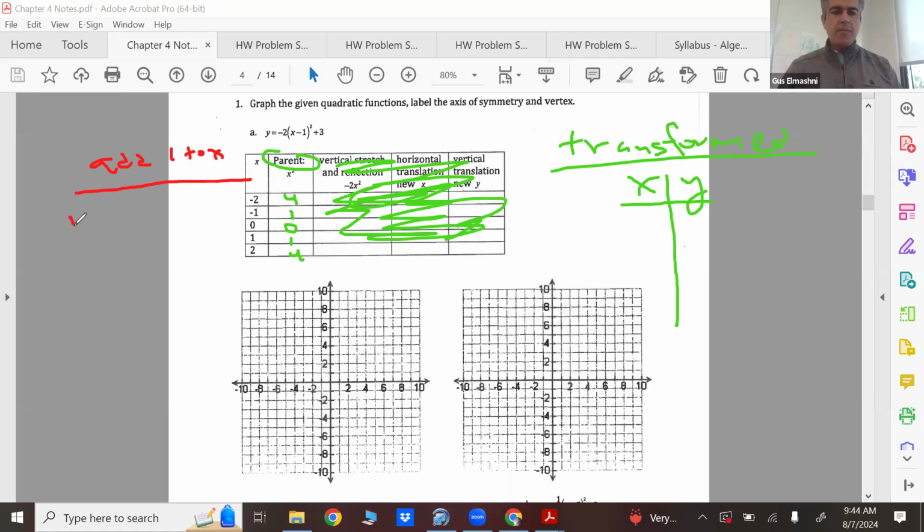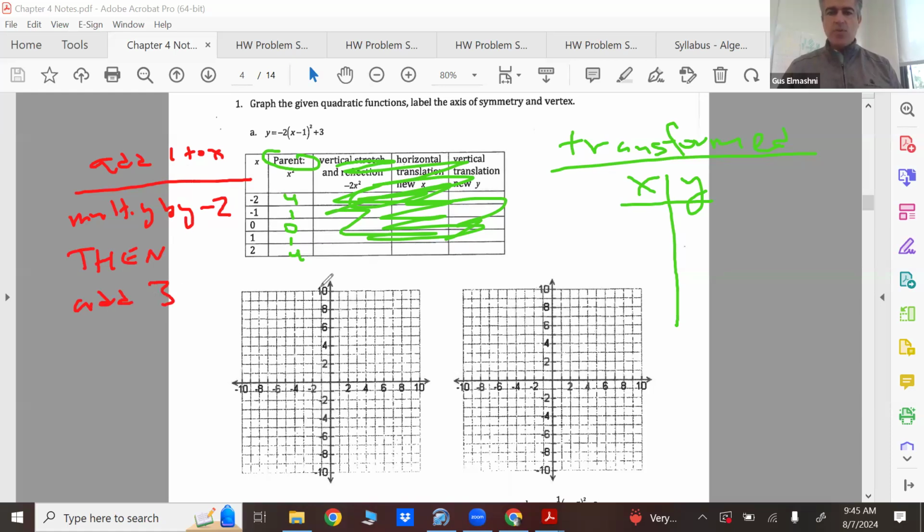And then for y, multiply y by -2, then add 3. Okay. So go and make the new table and go and graph it.